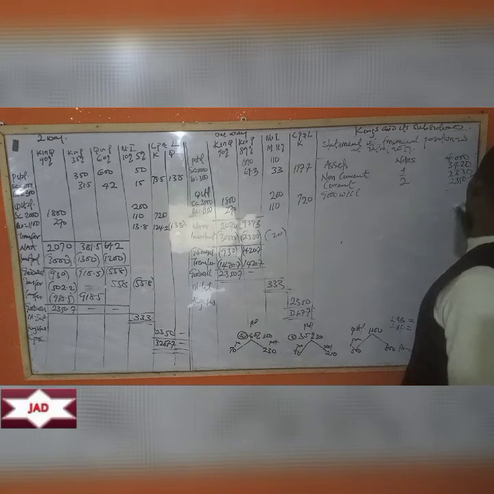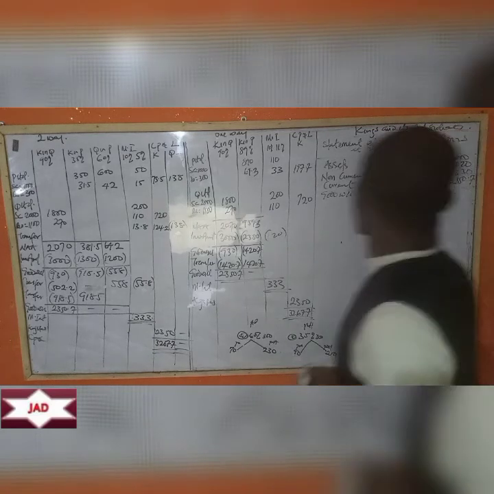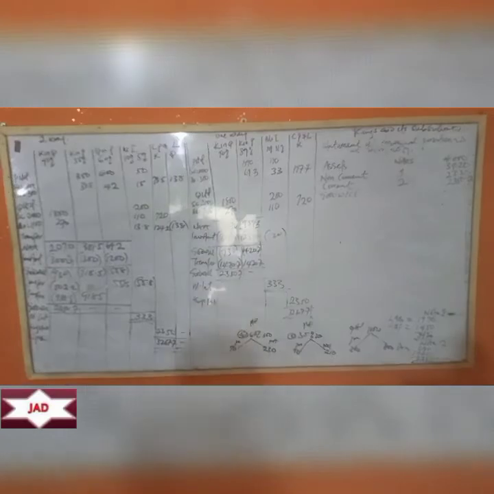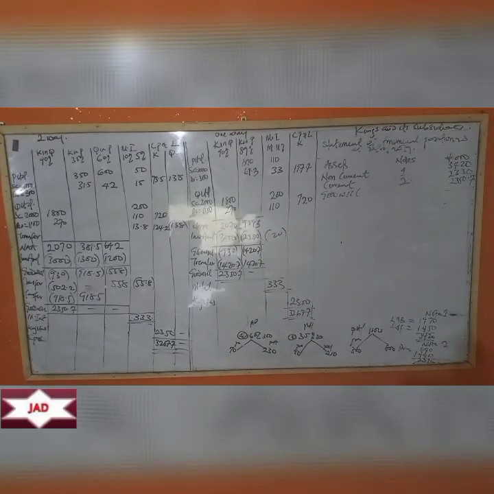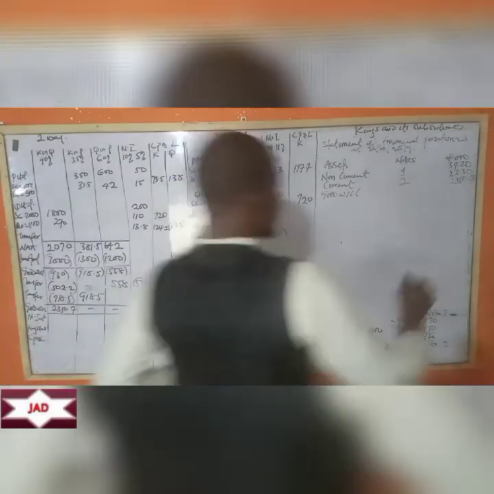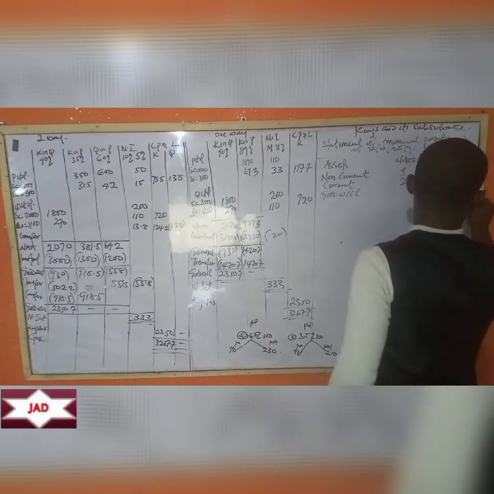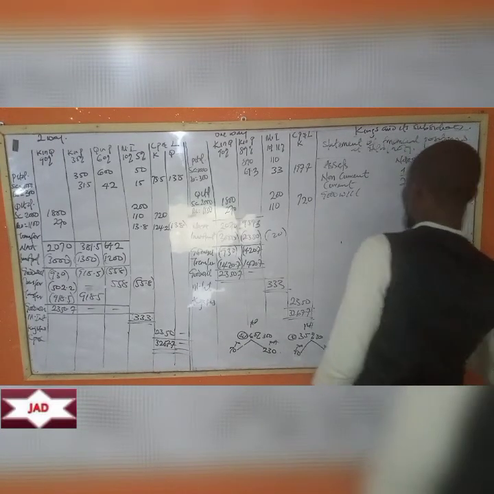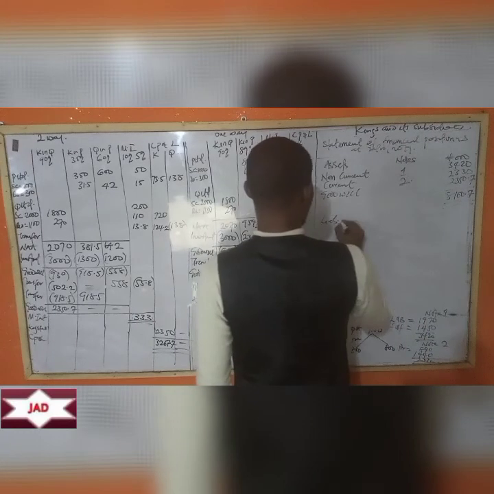So when you add up, what do you have? 3420 plus 2330 plus 2350.7. We have 8100.7. So we have our liabilities now.